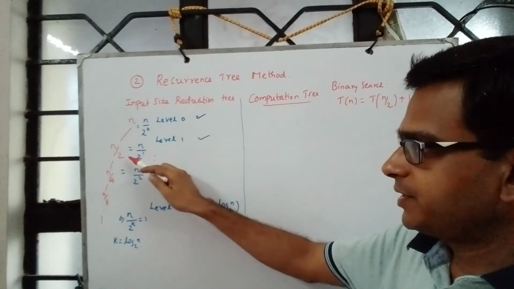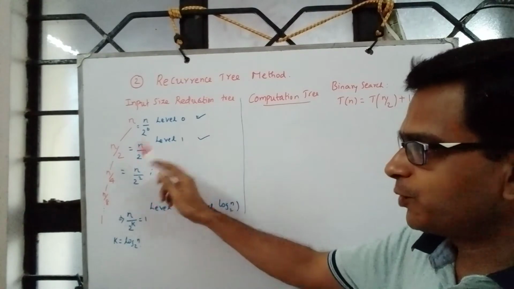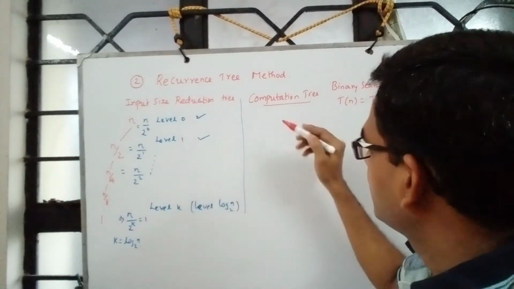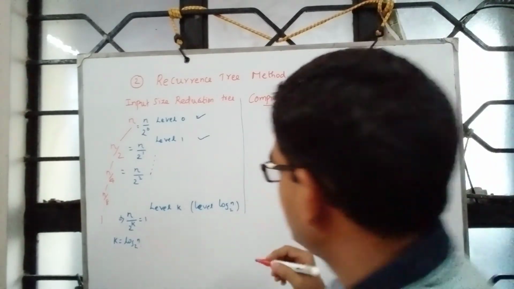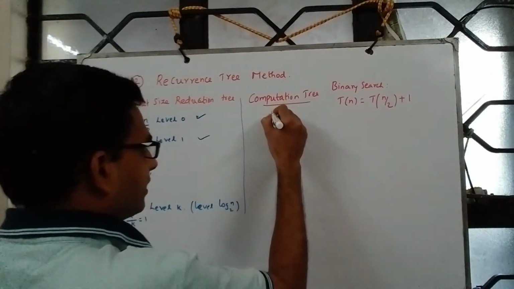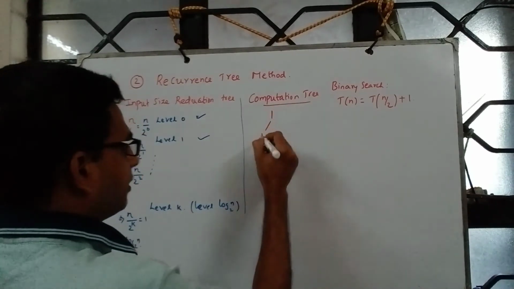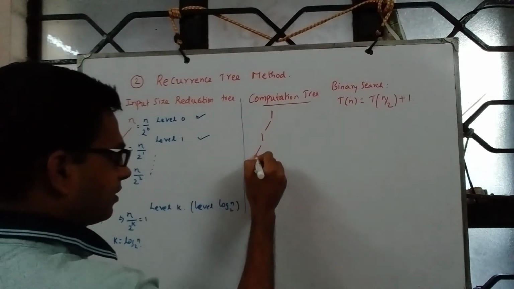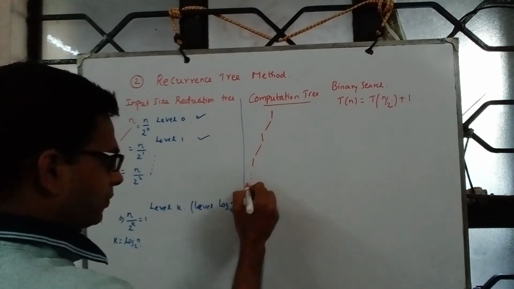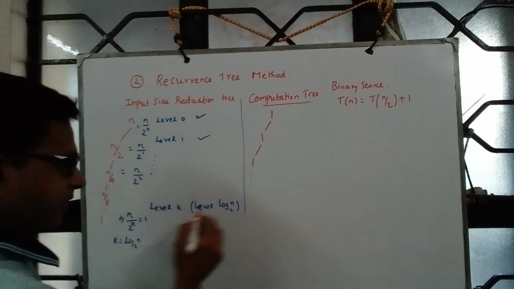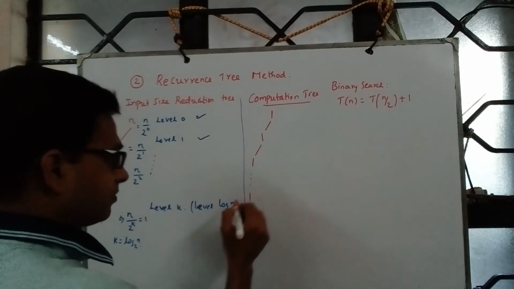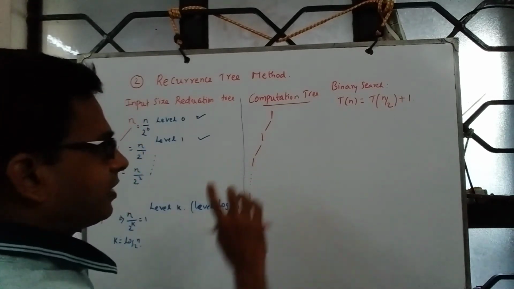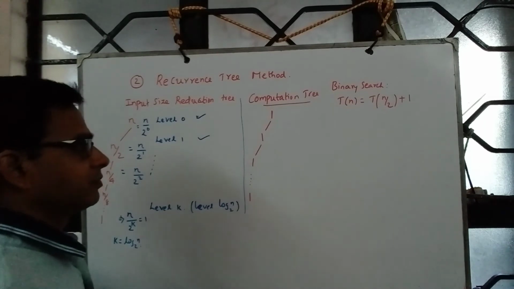Again at this stage we incur one more comparison and prune 50% and work with n by 4. So at each stage we perform one comparison, so the cost at each level is precisely 1. So at this level it is 1, at level 1 it is 1, and so on. When input size becomes 1, we make one comparison. So at every stage we incur cost 1 as part of our comparison check.